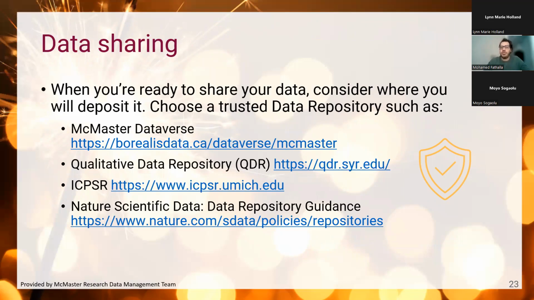When you're ready to share your data, you should consider where you will deposit it securely, for sure. So choose a trusted data repository such as the McMaster Dataverse, the Qualitative Data Repository (QDR), the ICPSR, or the Nature Scientific Data Data Repository Guidance. All of these locations can be used to store your data and share it.